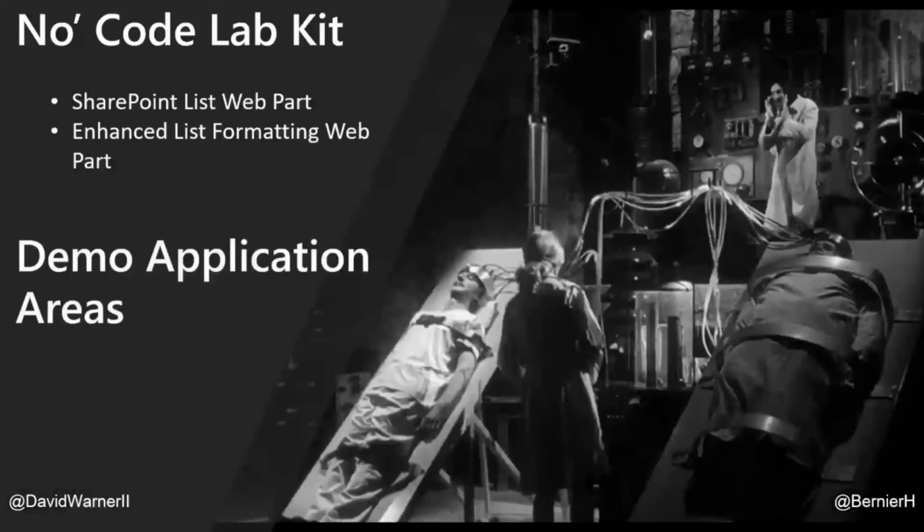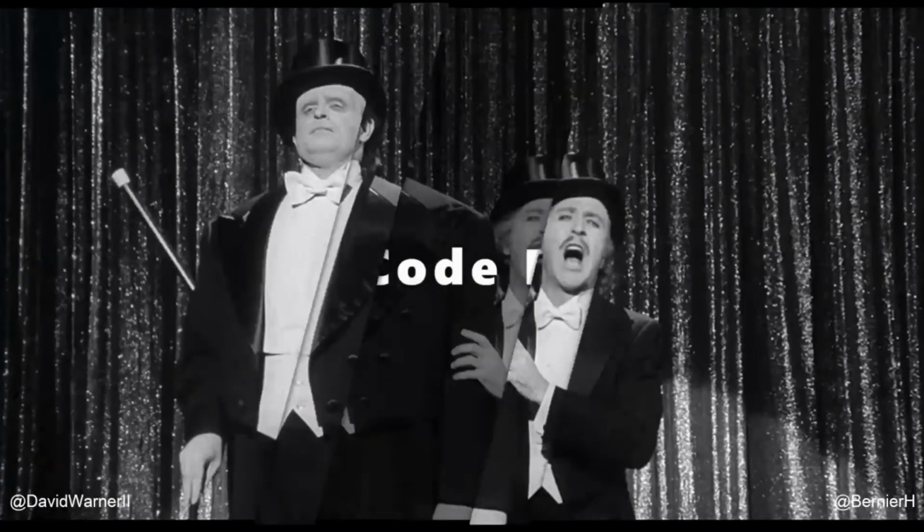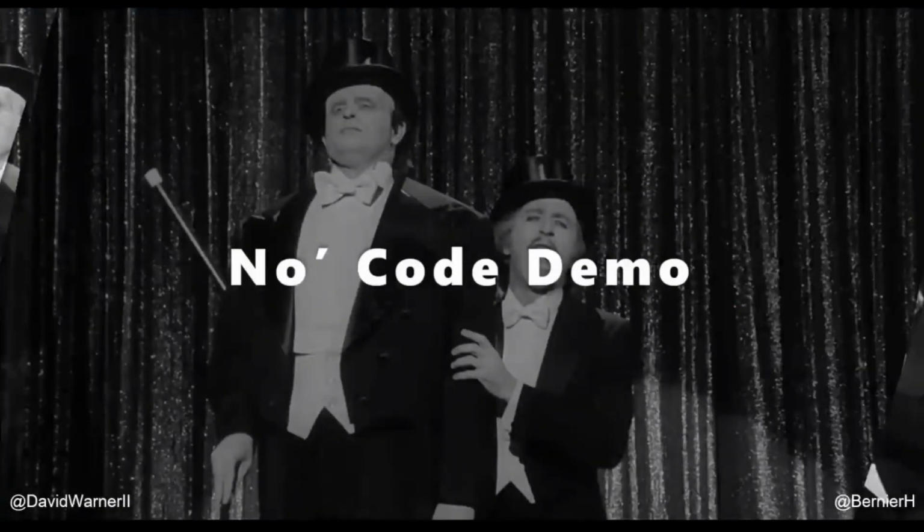So the application area for this particular lab kit is list formatting. We're going to see how you can take list formatting definitions that you've created and apply some of the principles that we're going to show using some animation techniques that we'll talk about. Now, I'm not going to get too caught up in the code at this time. We're going to show you a demo here, but we're not going to cover all the finite details of the actual animation that's taking place, because there are a lot of resources we're going to point you to at the end.